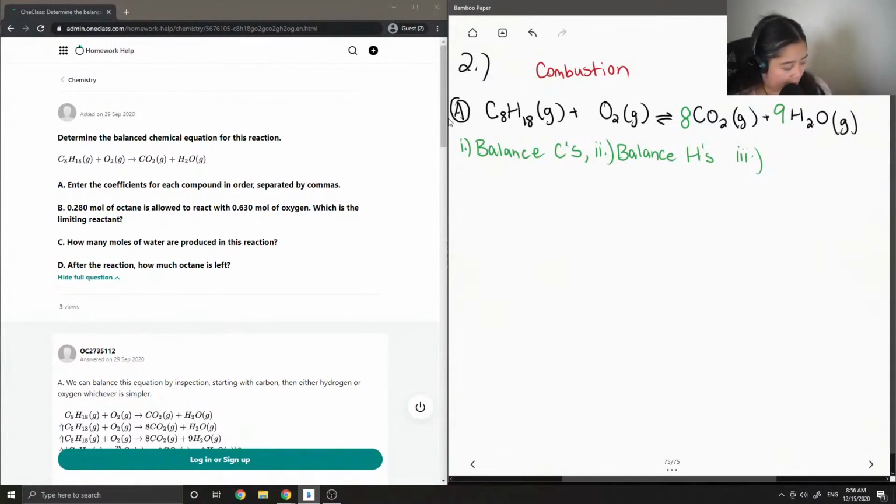So now that I know how many oxygens are on my product side, which is 16 plus 9, so we have 25 oxygens. I'm going to put a 25 in front of O2 and then divide it by 2 to get in total 25 oxygens.